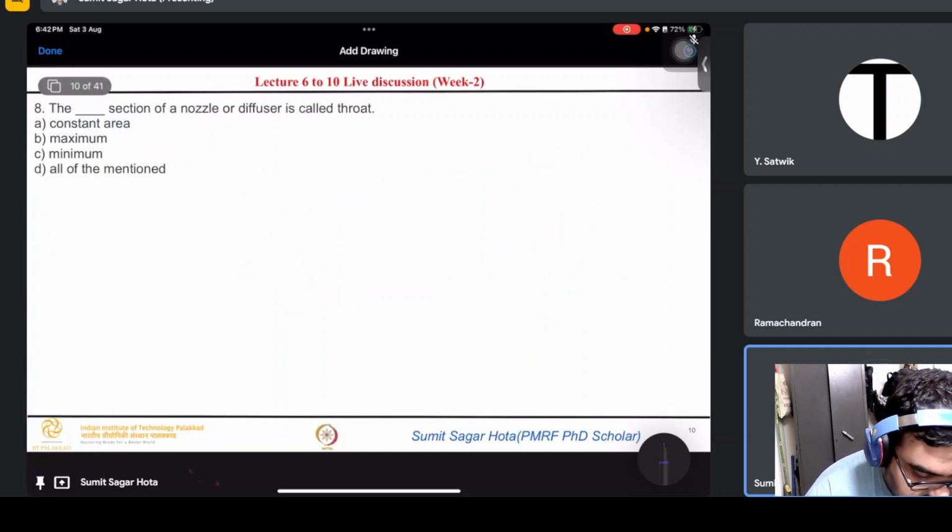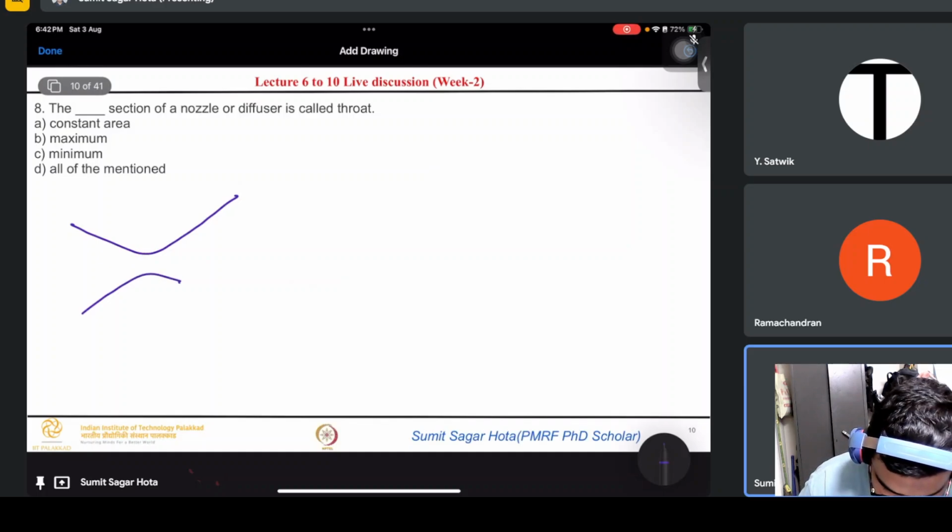So next one, the dash section of a nozzle or diffuser is called throat. Okay, it's a very simple one. So I will draw two types of nozzles.